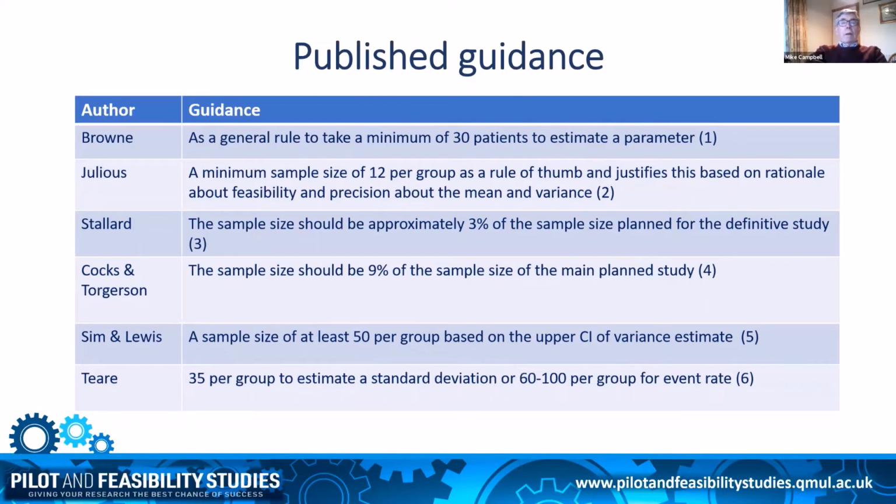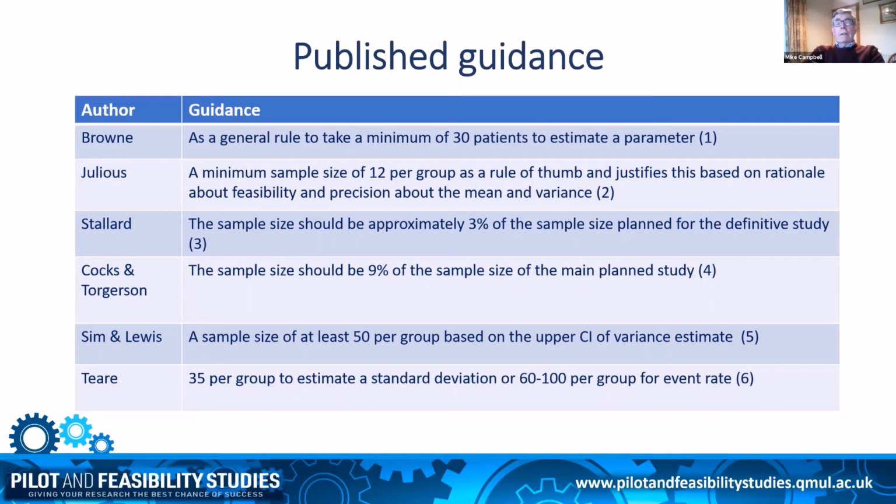Simon Lewis is saying, well, if the main aim is to try and estimate a sample size for the main trial, and you're estimating a variance, then what you perhaps do is to calculate the variance on the pilot, and then use the upper 95% limit on the confidence interval to base your sample size for the main trial. So they suggest you need at least 50 in order to do that with a reasonable amount of accuracy.